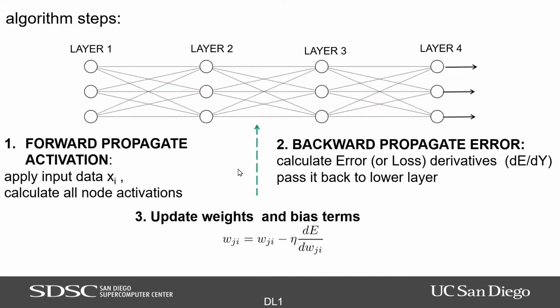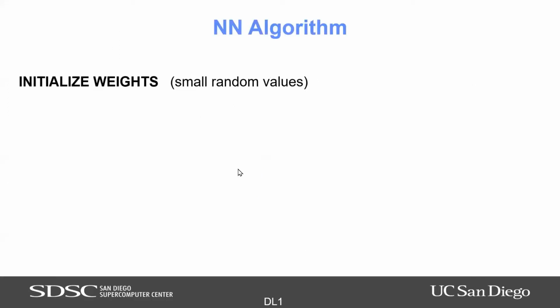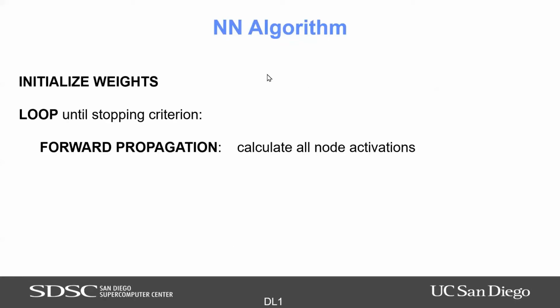Okay. So anyway, this is just showing you a summary. In summary, this is basically the algorithm. There's forward propagation, backward propagation. There's a formal way we update weights. So the algorithm, in summary, I'm going to restate it here. It looks like this. We initialize our weights. We typically have small random values. We have some looping set up so that we do a forward propagation.